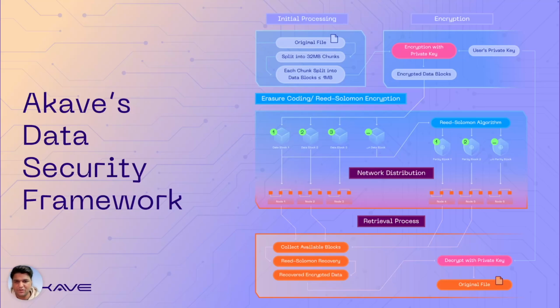Now, the retrieval process. The node collects all the data from different nodes, which is trackable through the blockchain. Once retrieved, data is reformed back on the client side. Even if some chunks are missing, it can be rebuilt using the Reed-Solomon recovery algorithm. Then after decryption, you get your original file back.